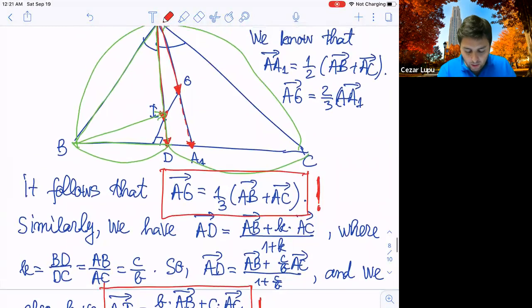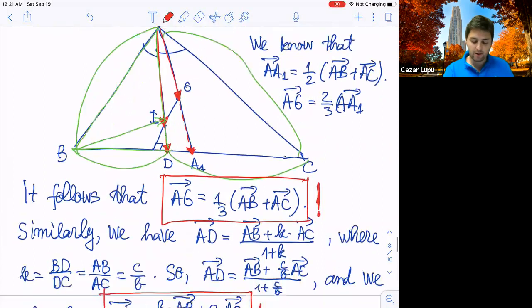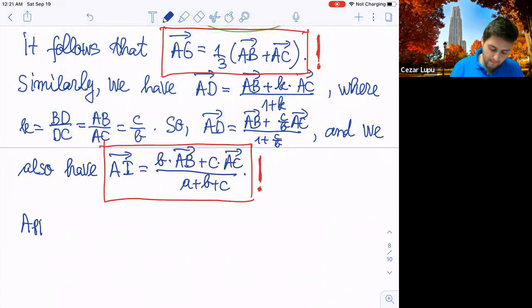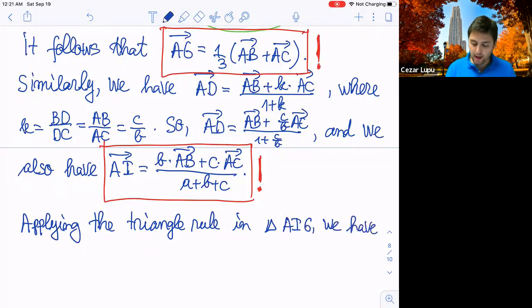All right, and now guess what I'm going to do? I will look at the triangle AIG, and I'll apply the triangle rule. Applying the triangle rule in the triangle AIG, what do we have?